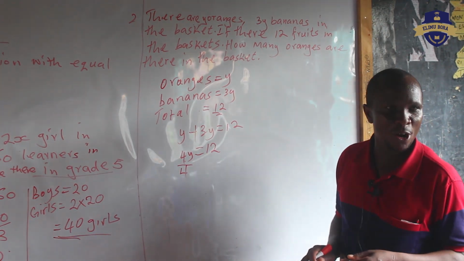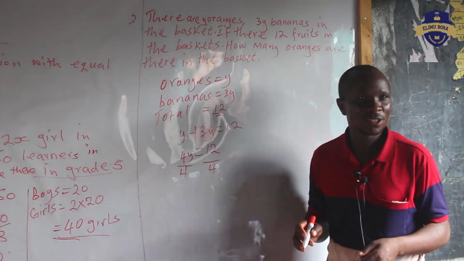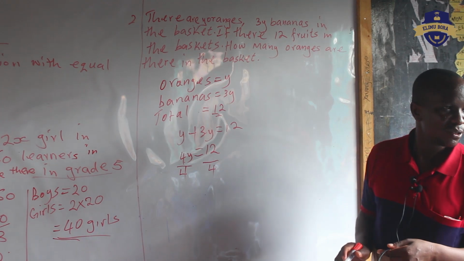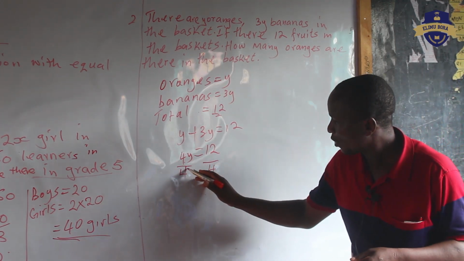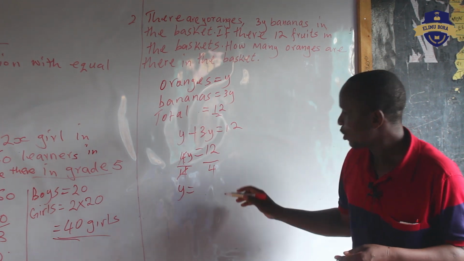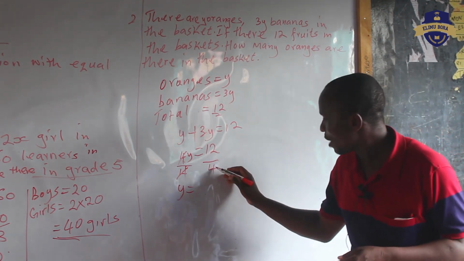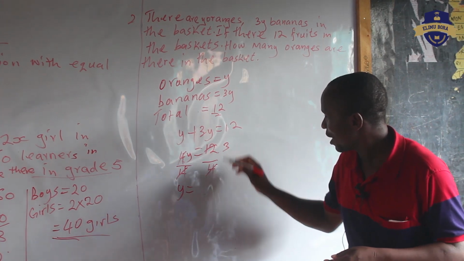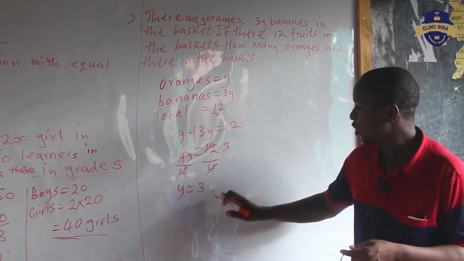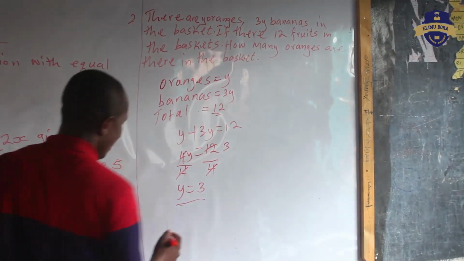You divide by 4 on both sides. 4 divided by 4, we remain with y. Y is equal to 12 divided by 4. That goes 3 times, so y is equal to 3.